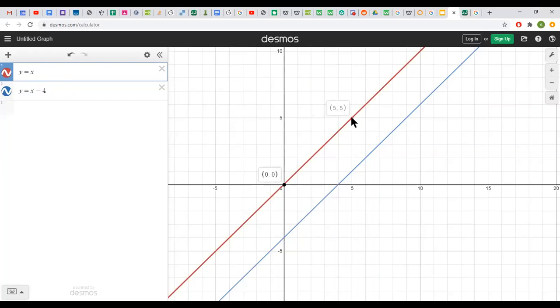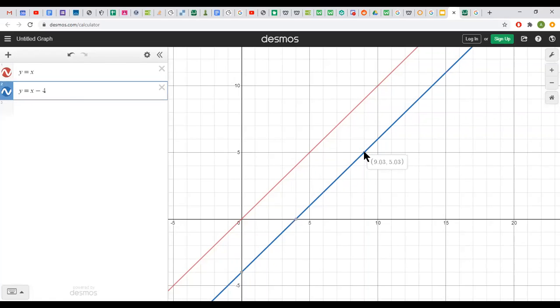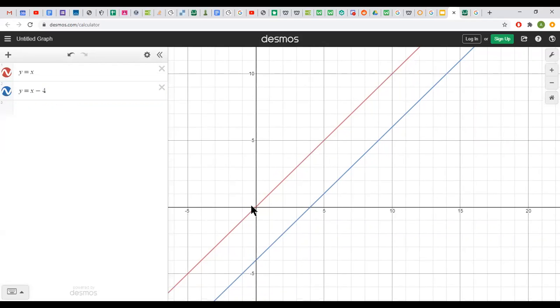But in our blue line, since we subtracted 4 from x, our x has to be 4 numbers greater than 5 to get the same output of 5. So in our blue graph we have 9, 5. That's why when we have x minus 4, our whole graph shifts to the right 4 units.